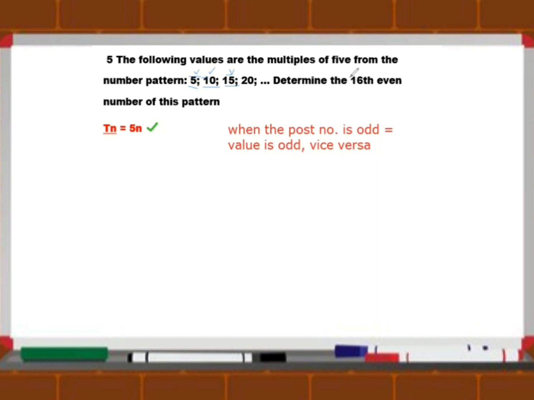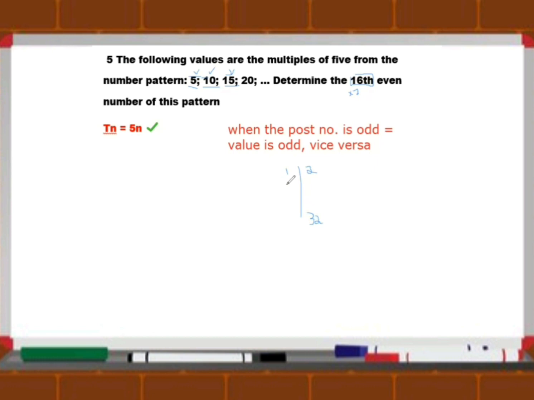So if you've gotten a question like this, you say, what's 16 times 2? 16 times 2 is 32. So 1 and then 2. This is how you would write it in your head. So it's mental notes, by the way. Okay, sharp. We said that when the position number is odd, the value is odd.